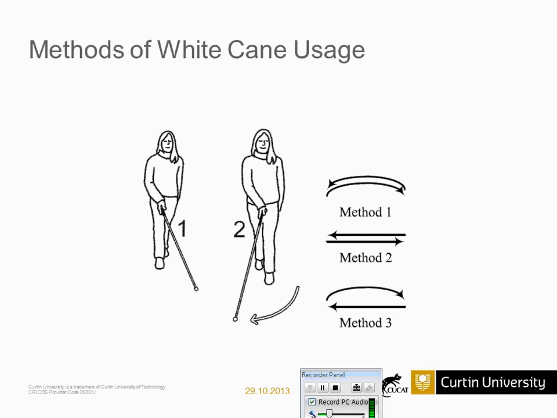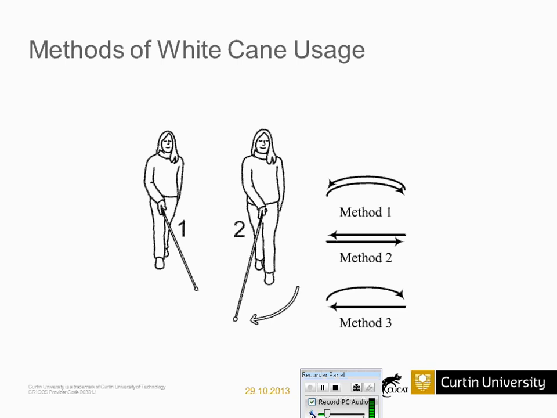To illustrate that, here is a simple sketch where different techniques of cane usage are shown. They are used in different applications, of course, different situations, but there are three different types. One is the two-point touch, where you tap and tap, and the second method is constant touch, where you sweep over the ground, and the third is a mix of that, which is tap and sweep.